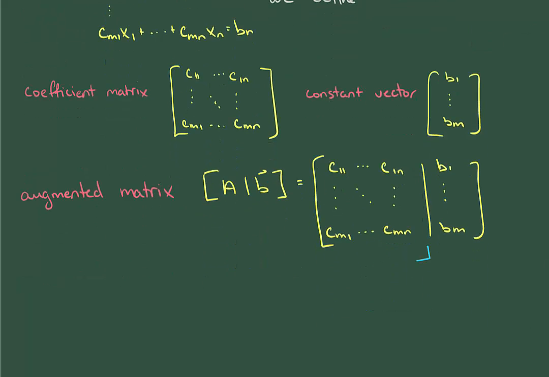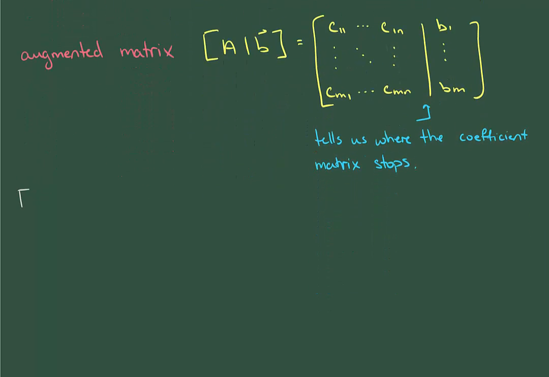This vertical line isn't strictly necessary, but it helps us keep track of where the coefficient matrix ends and the constant vector begins. So to see this in action, let's recall the linear system that we found for the candy problem we did earlier.